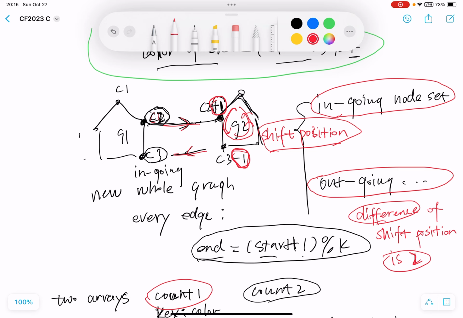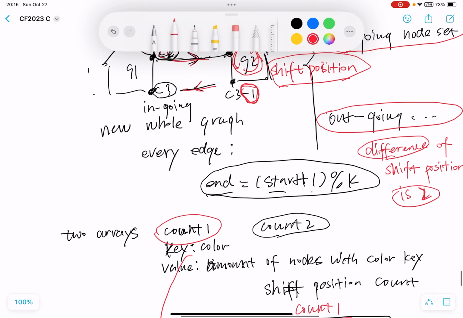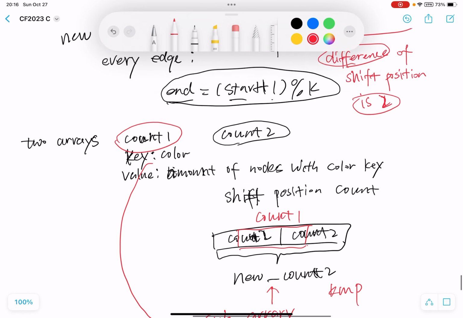So these are all the requirements we need to meet to return yes. That means after we add edges between graph 1 and graph 2, the length of every circle in the new graph will be divisible by k.